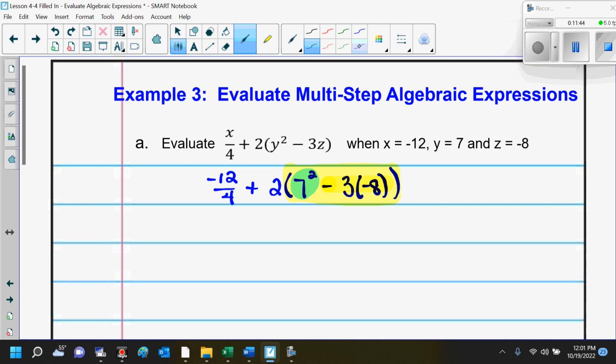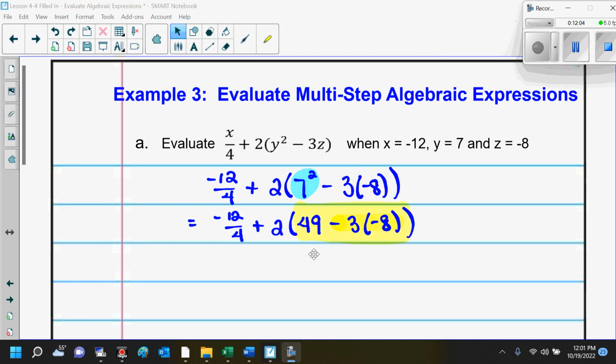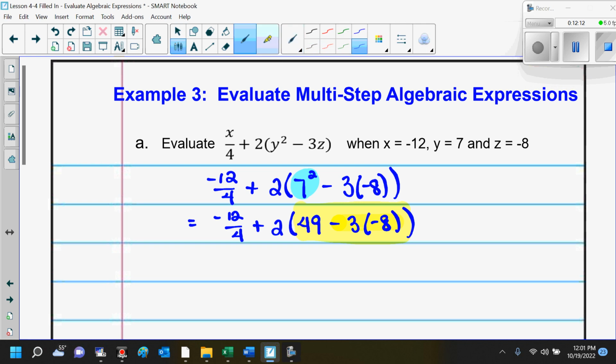So we've got negative 12 divided by 4 plus 2 times 7 squared is 49 minus 3 times negative 8. Close parentheses. So now, inside my grouping symbol, what do I do first? 3 times negative 8. Very good.